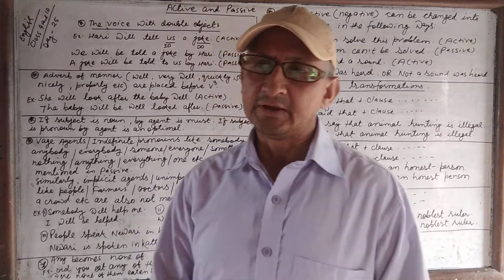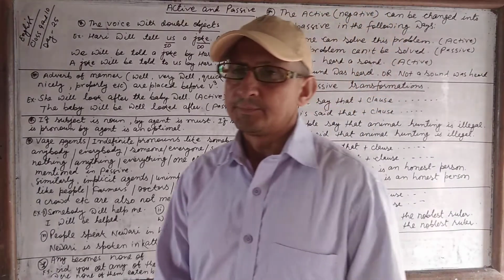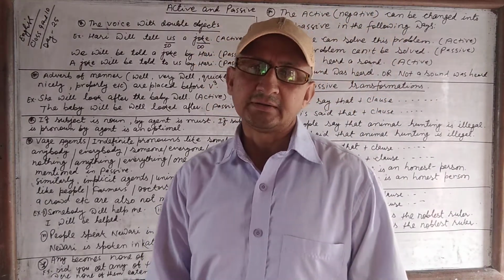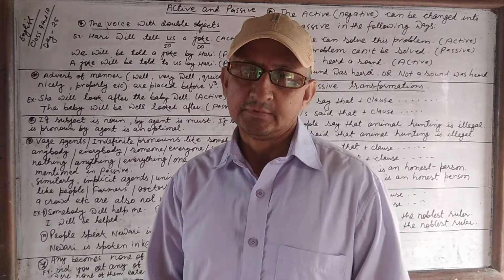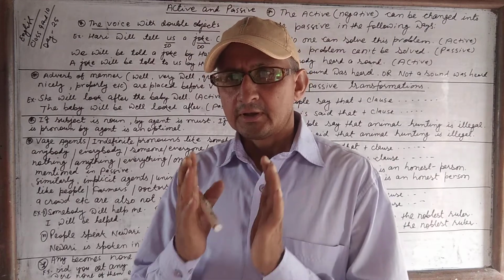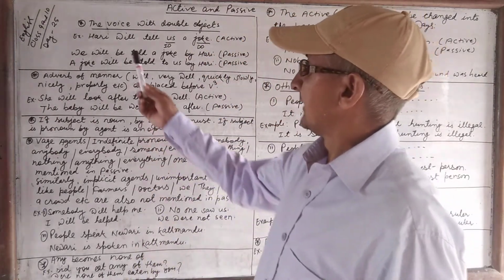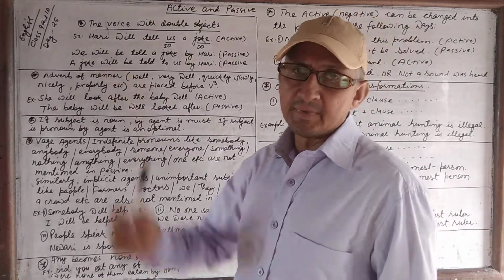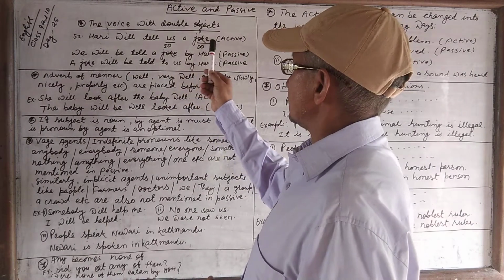If the direct object is used as the subject, the indirect object is placed after the main verb. We usually use to or for before the indirect object. Let's see an example to make it more clear. Hari will tell us a joke.